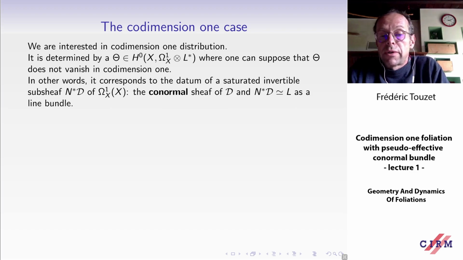In other words, this corresponds to the datum of an invertible subsheaf of the cotangent sheaf, which we call the conormal sheaf, which plays a prominent role in this talk.